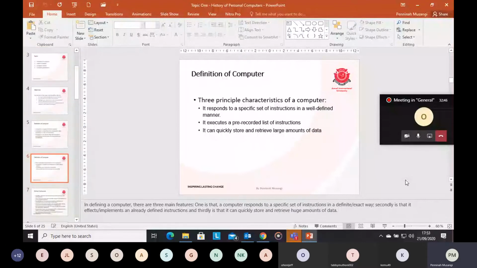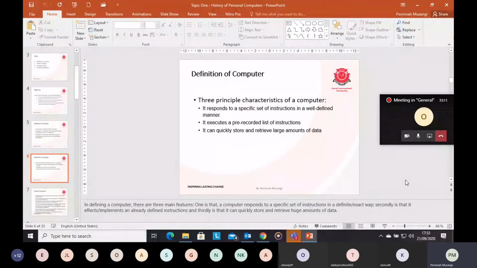So when we define a computer, three principal characteristics come out. And one of the characteristics is that a computer responds to a specific set of instructions which are well defined. So it does not work without instructions.